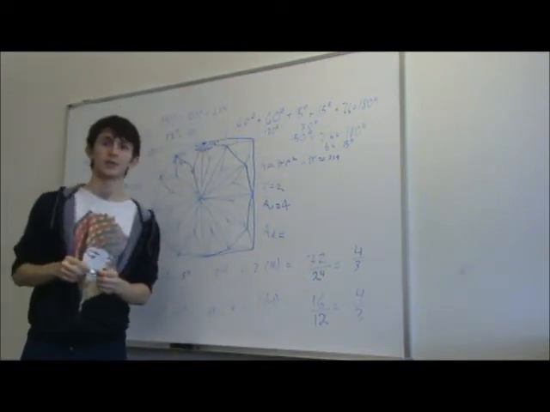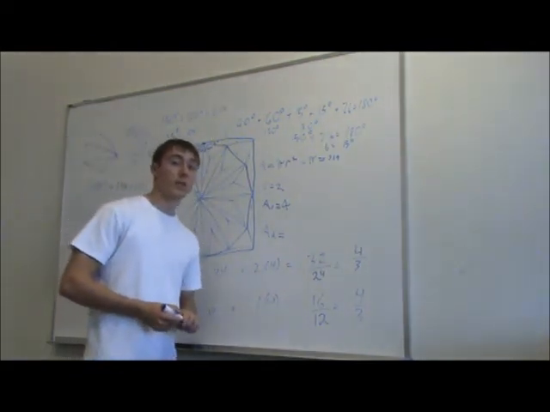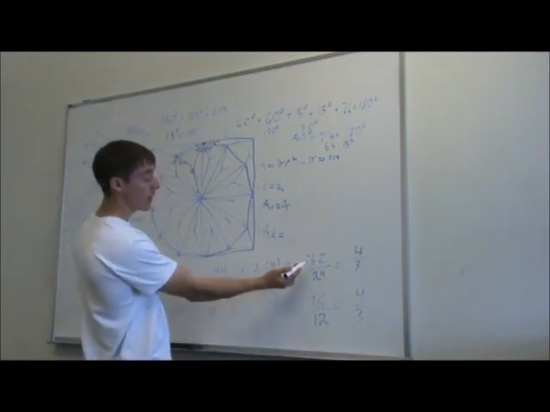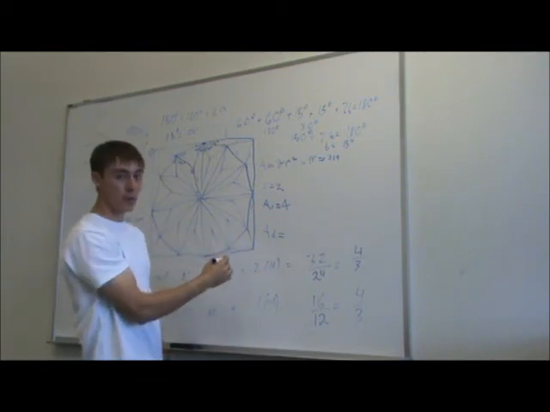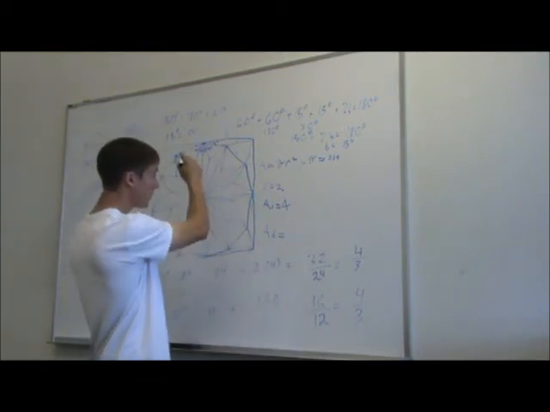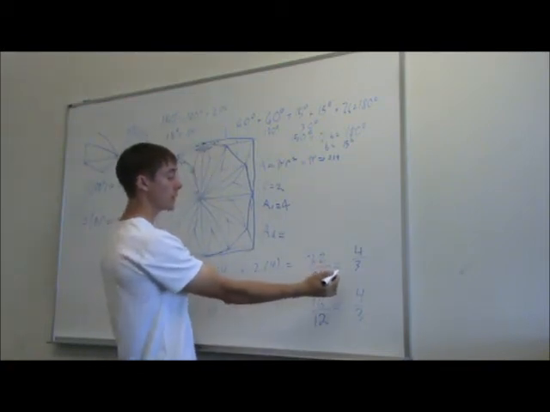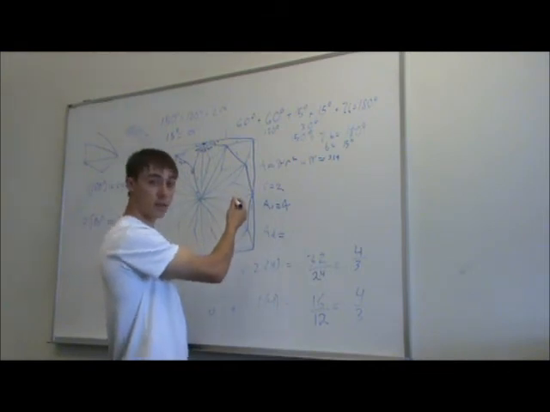And Tommy will explain the rest to you. Alright, so what does this mean? So, we have 32 of the isosceles triangles in the whole square, and 24 of them are in the dodecagon. So that means that the dodecagon has 3/4 of the isosceles triangles.